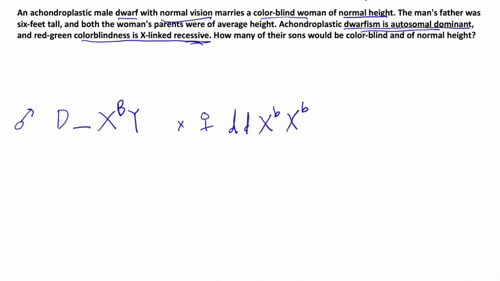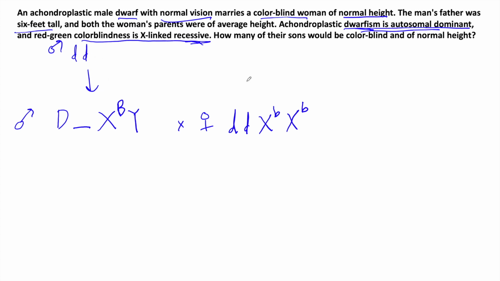Then we keep reading, and it says the man's father, so this man's father, his dad, was 6 feet tall. In other words, he did not have this form of dwarfism. So if he doesn't have the form of dwarfism, that means he cannot have a capital D, so he must be 2 little d's.